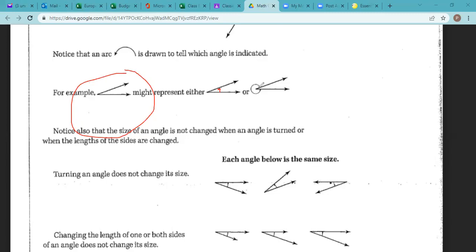Now, this one is on the outside. So you've got to notice that if it's on the outside, then it's going to be much, much bigger. I'm going to draw it a little bit clearer. It's going almost all the way around.